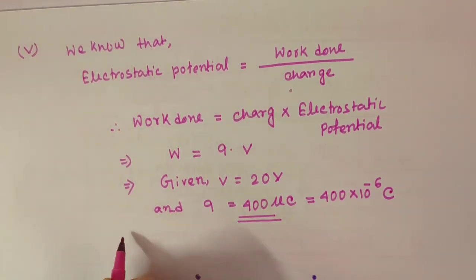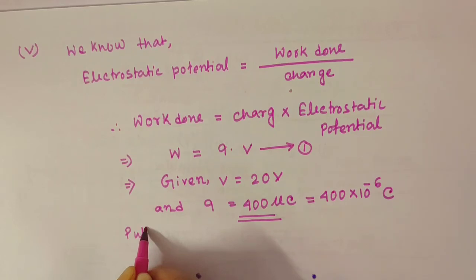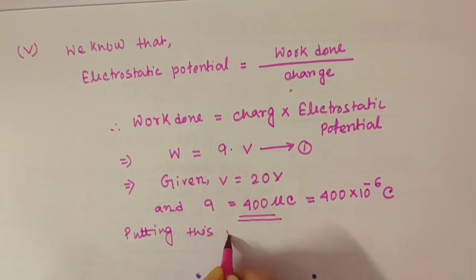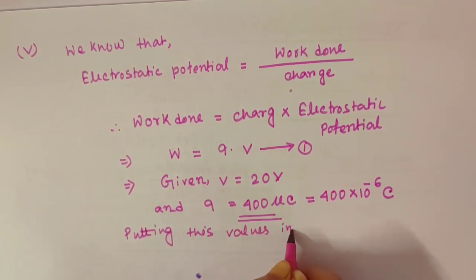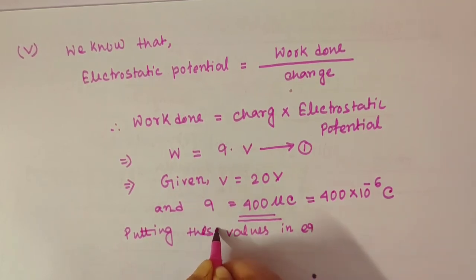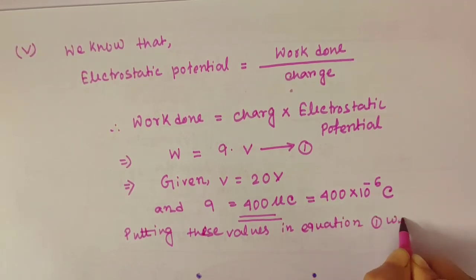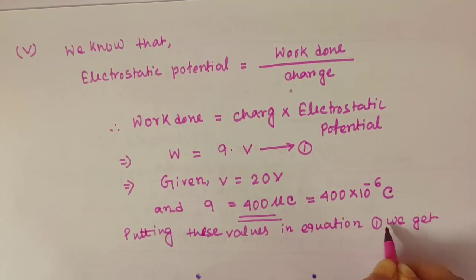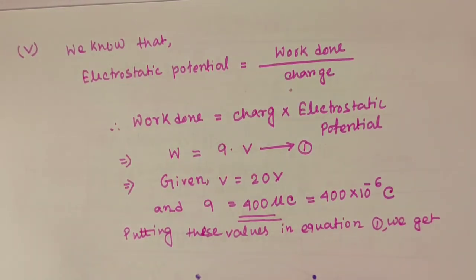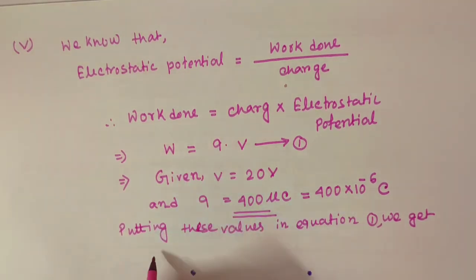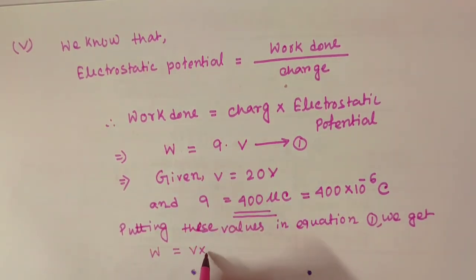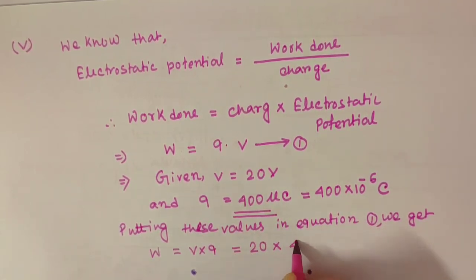Now give this equation number 1. Now we have to write, putting these values in equation 1, we get, from 1, we know W is equal to V into Q, which is equal to, what is the value of V? 20, into Q, which means 400.